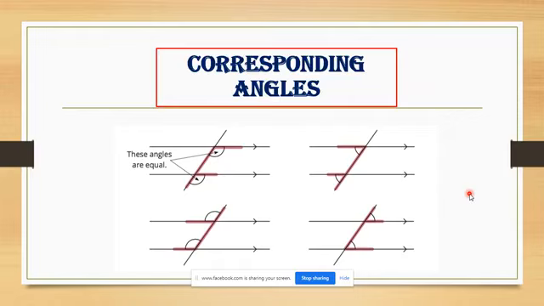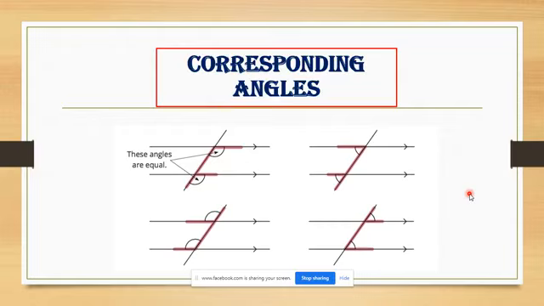But how can we say the given lines are parallel? There is one rule or one property. What is that? If the pair of corresponding angles are congruent, if they are the same in measurement, the lines are known as parallel lines, and vice versa.